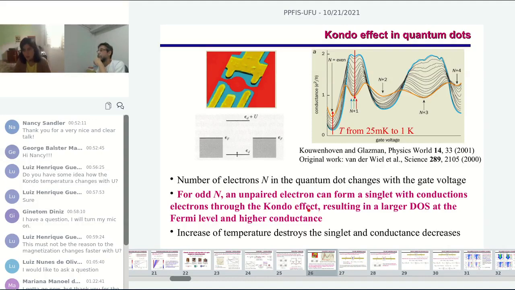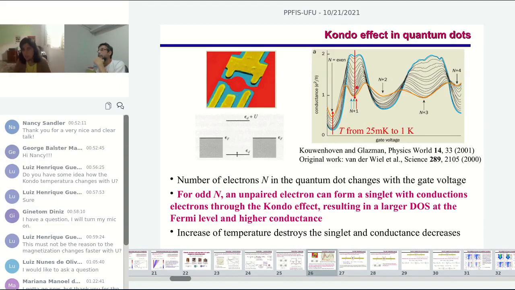And according to my last slide, this gives rise to a large density of states and thus to a high conductance in this case. And indeed, if we go to the experimental results, this is conductance as a function of gate voltage. In this case, here we have an odd N, and the conductance is high at low temperature.